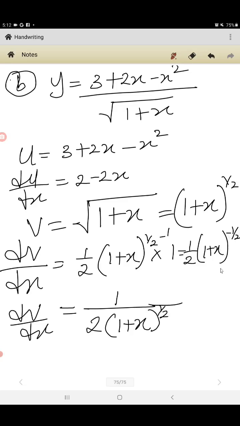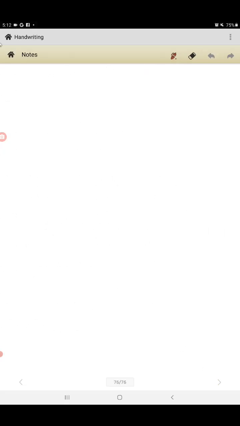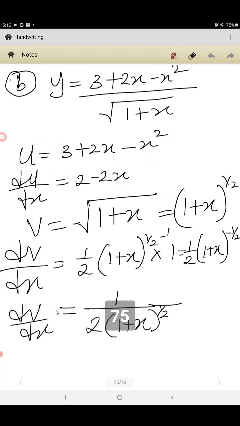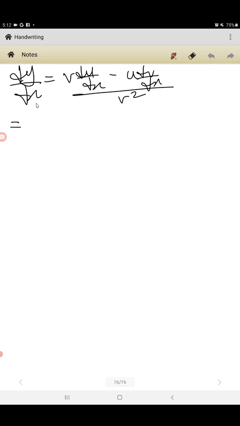We have all what we need at this junction. So therefore, dy with respect to s, which is v du dx minus u dv dx over v squared. Let's start substituting one by one. Our v is root 1 plus x, making 1 plus x raised to power half.